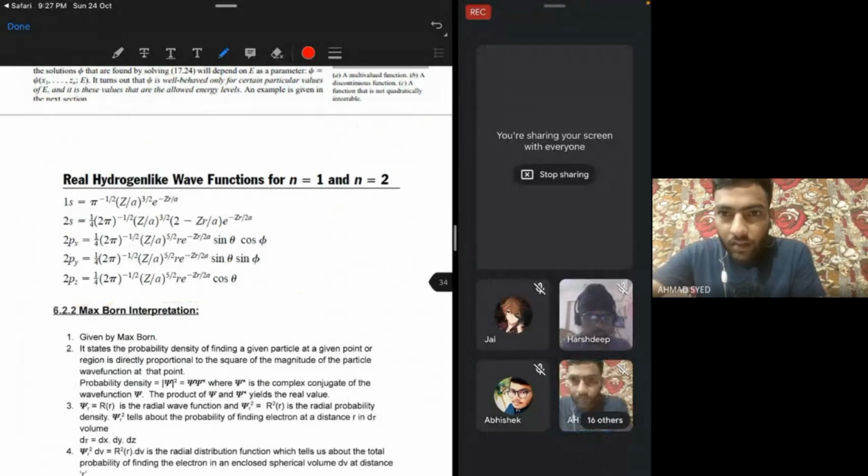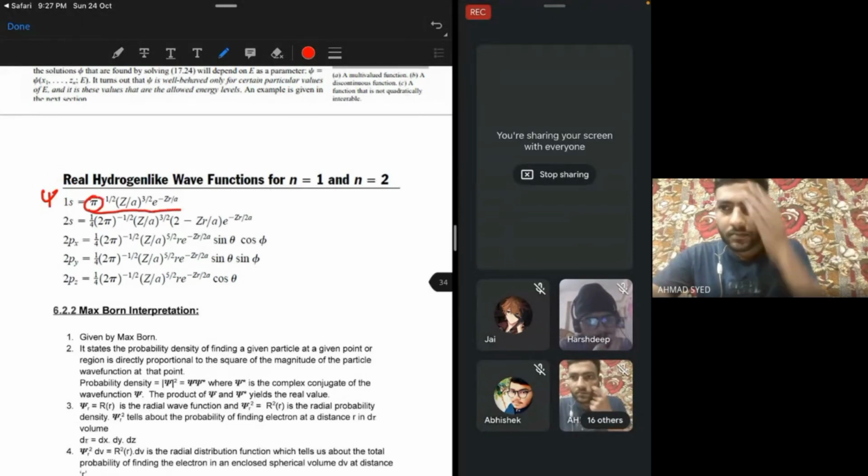So if you see, this is psi 1s. Okay, this is psi 1s. You see this equation. Here, pi is a constant, Z is atomic number, a is Bohr's radius, I think, right? A is Bohr's radius or some constant.